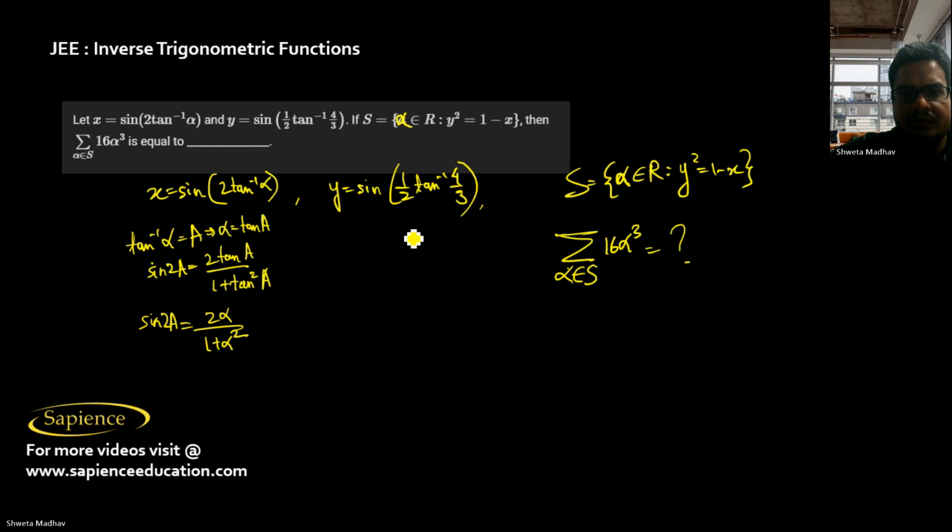So now x will be equal to 2 alpha by 1 plus alpha square.